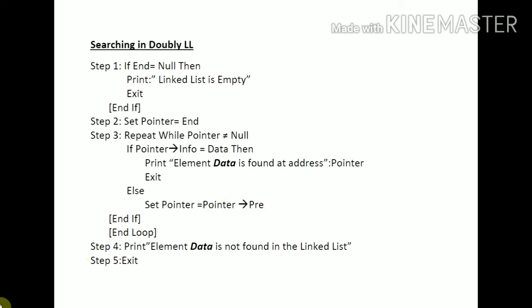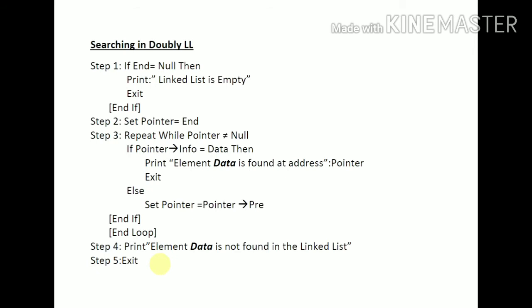This continues until the pointer is equal to null. If this condition becomes false, we go directly to the fourth step and print that the element is not found in this linked list, and we exit from the program. So this is one part of the algorithm.